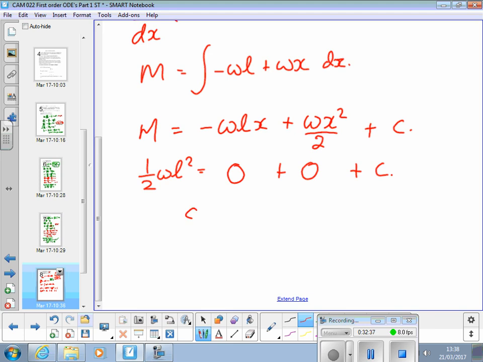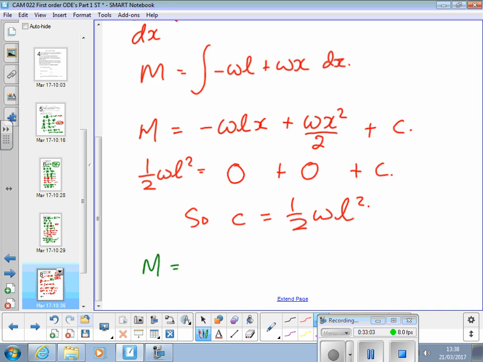So c is equal to half omega L squared. So we can now write our particular solution.